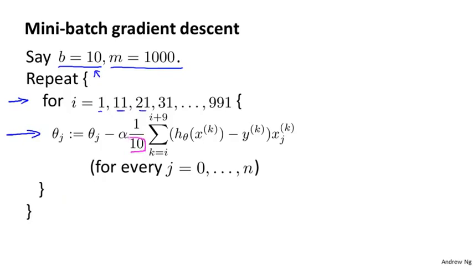So this 10 and this i plus 9, those are a consequence of having chosen my mini-batch size to be 10. And this outermost for loop ends at 991 here, because if I have 1,000 training examples, then I need 100 steps of size 10 in order to get through my entire training set. So this is mini-batch gradient descent.